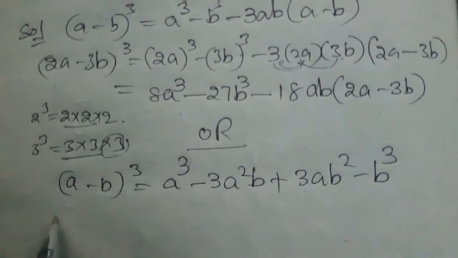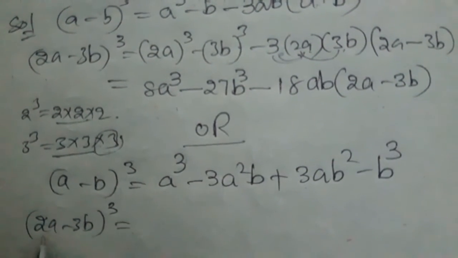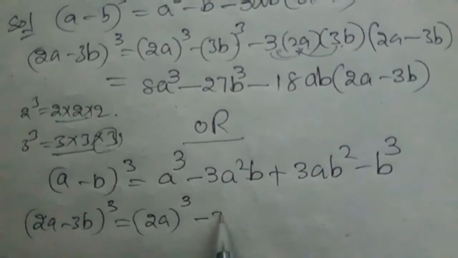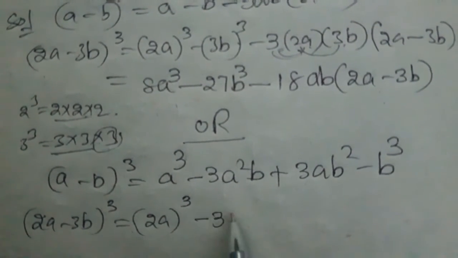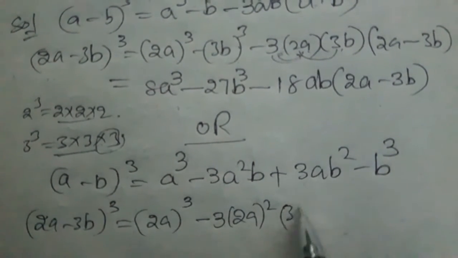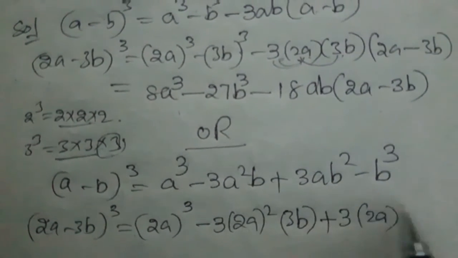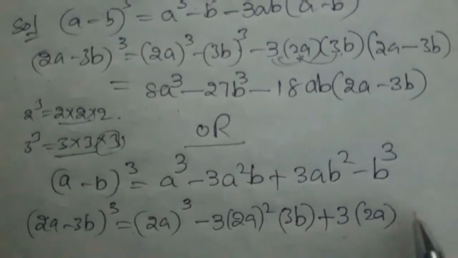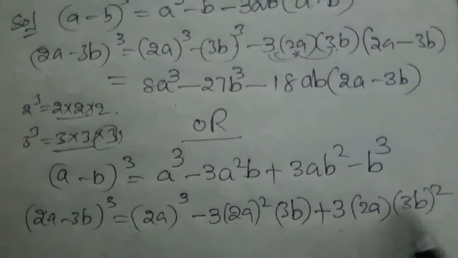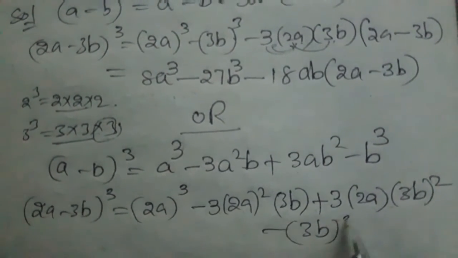That means (2a minus 3b) whole cube equals (2a) whole cube minus 3 into (2a) whole square into 3b plus 3 into 2a into (3b) whole square minus (3b) whole cube.